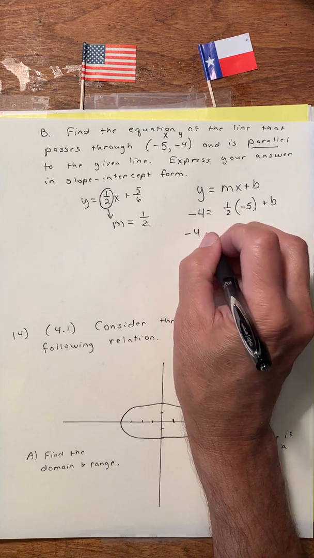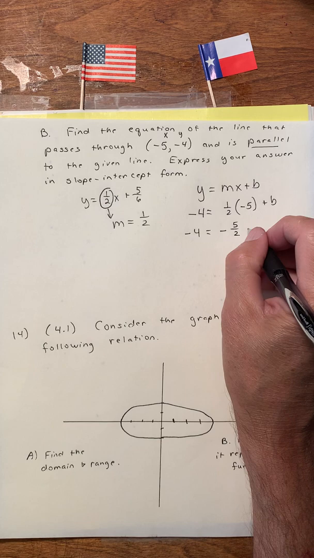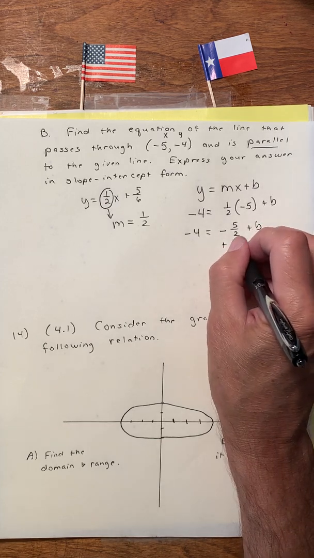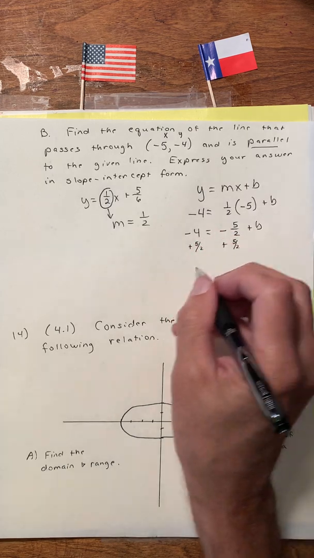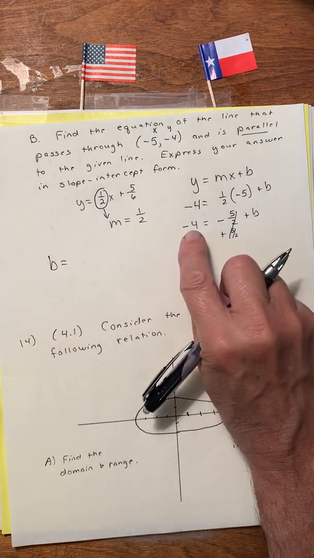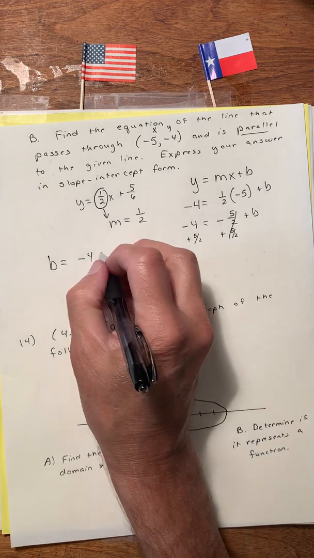So I get -4 equals -5/2 plus b. Got to get b by itself here, so add 5/2. So I get b is -4 plus 5/2.